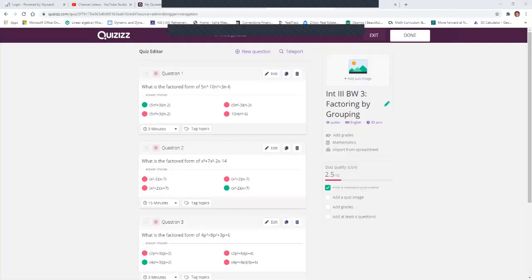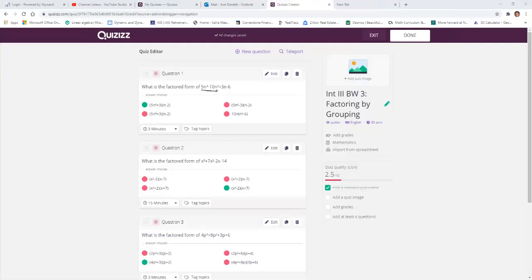That means I'm going to group together the first 2 terms and factor, and then I'm going to group together the second 2 terms and factor. So let's look at the first 2 terms. I have 5n cubed minus 10n squared. The biggest power of n that I can take out that would go into both of those would be n squared, so that's going to come out. And 5 goes into 5, and 5 goes into 10.